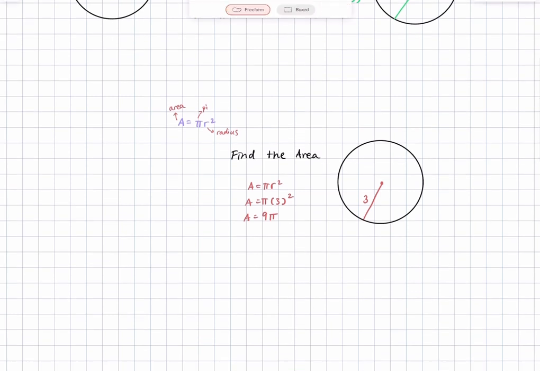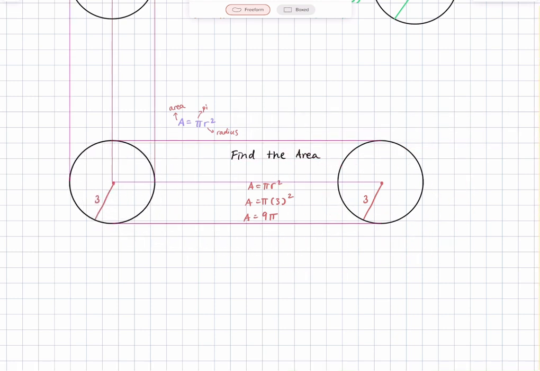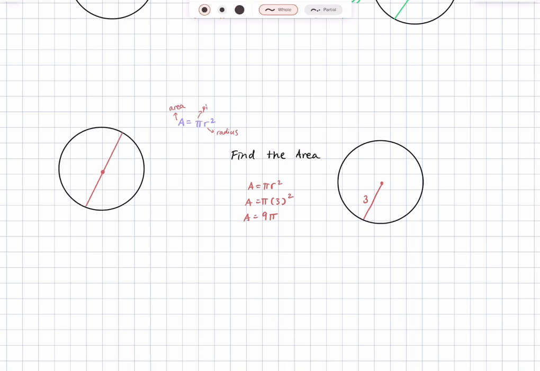Now, I want to try another example here. Let's make a duplicate of this, and let's say we're given the diameter, 12. Now that we're given the diameter and the formula asks for radius, we can use a little side math. We know the diameter is 2 times the radius.